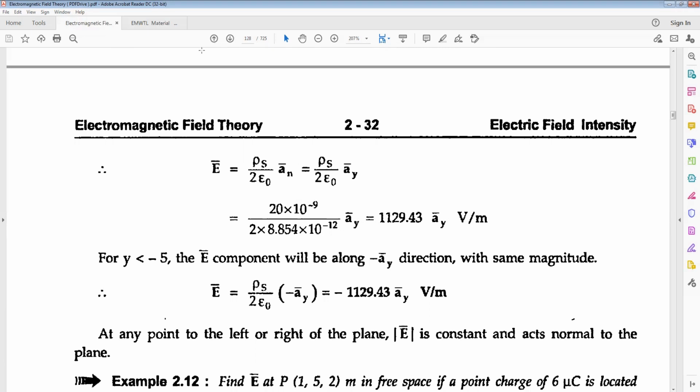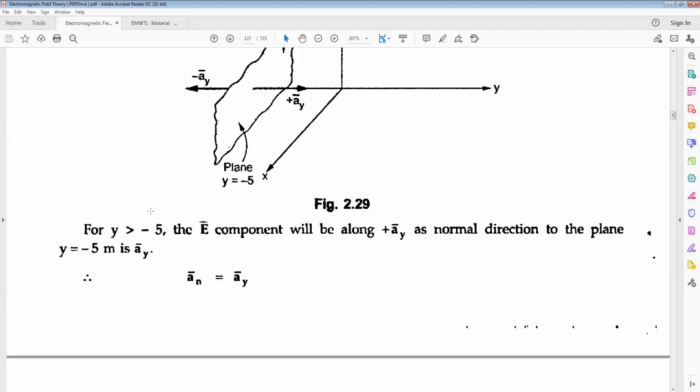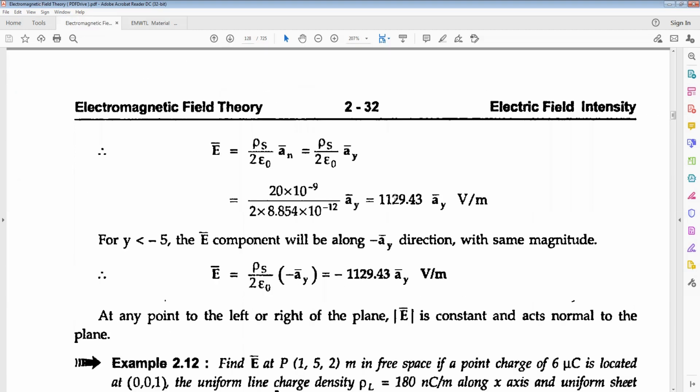For the negative direction, along the minus AY bar direction with the same magnitude, that is for y less than minus 5. Considering y greater than minus 5, we got a positive value. If it is less than minus 5, we get the negative value.